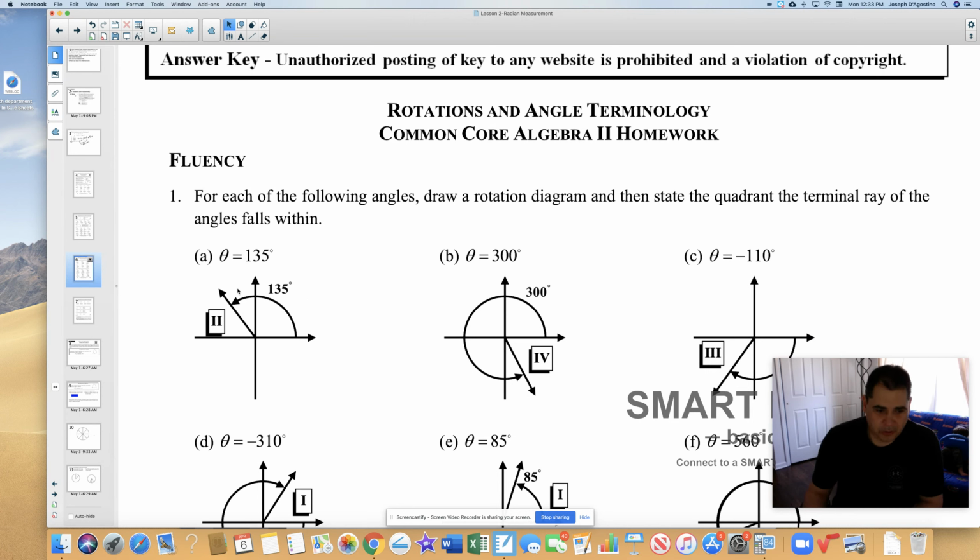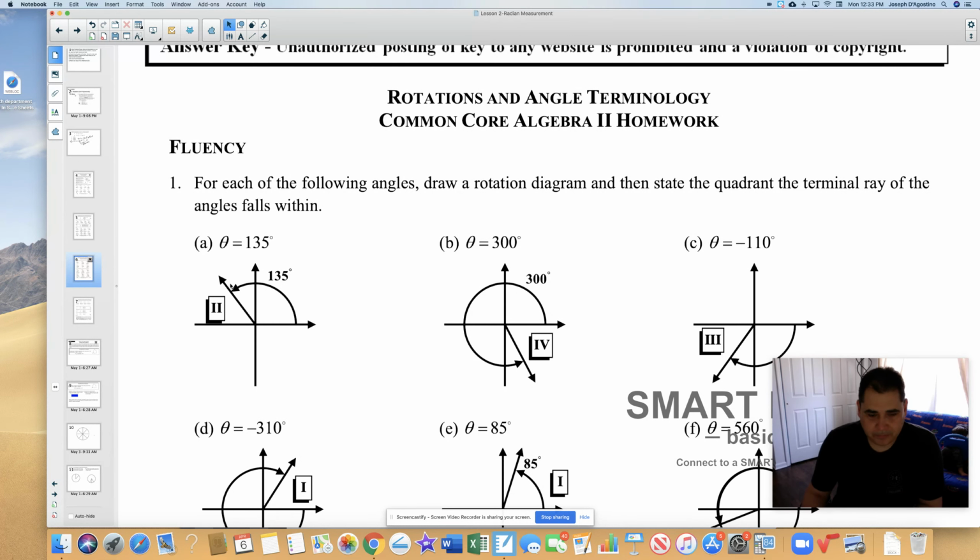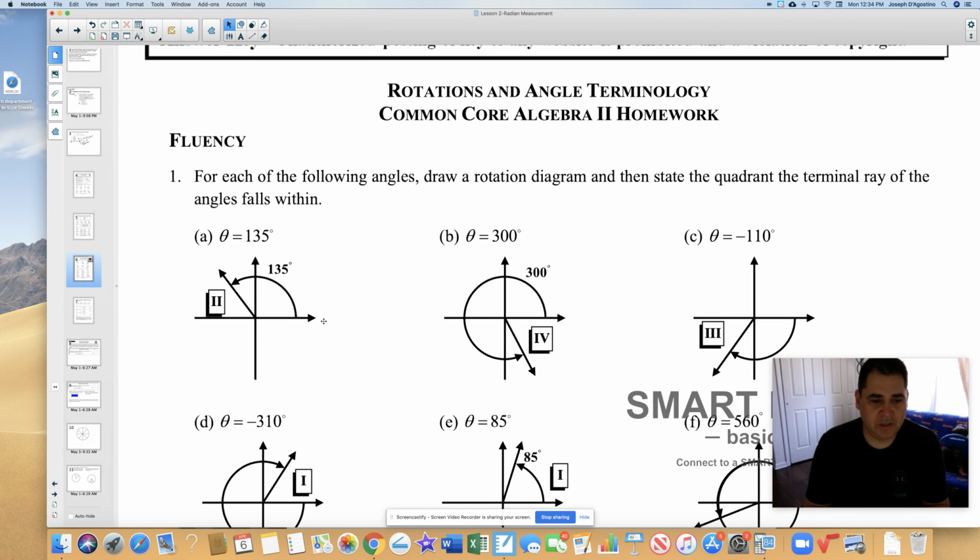Now we know that a full circle is 360, so if I want to know where this angle terminates, you always start on the positive x-axis and you go in the counterclockwise direction. So here's your terminal ray. They're asking you, where does the terminal ray end? Your terminal ray is where the angle ends. So if you're going 135, this is 0.